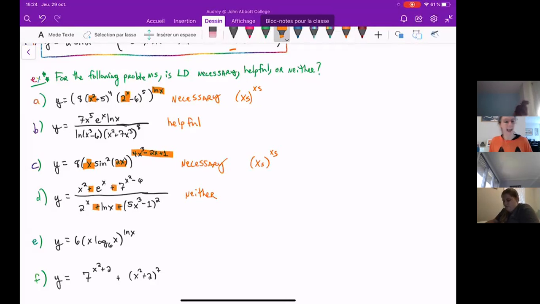And we said that when things are being added together, that's the time when we don't want to use it. Then with E, we're back to having x's to the power of x's. So we're back to this being necessary. And then with F, it's neither again.